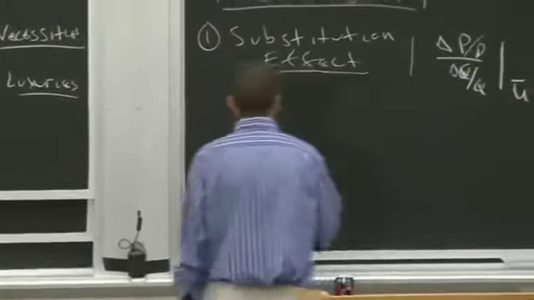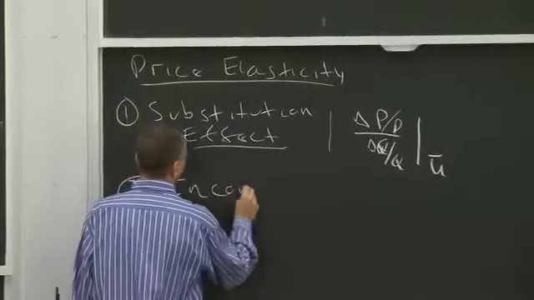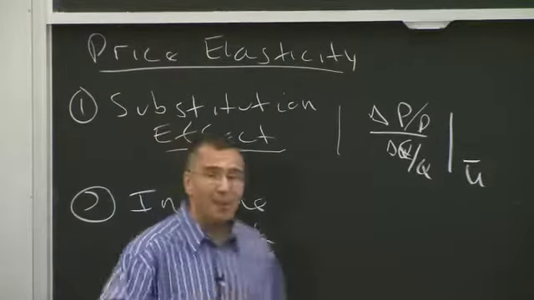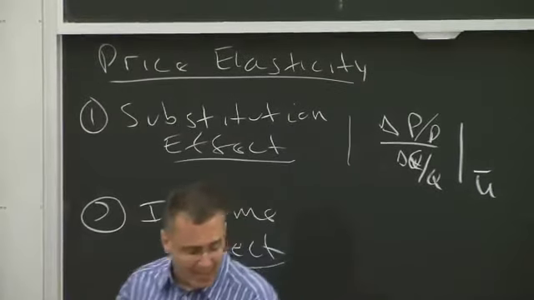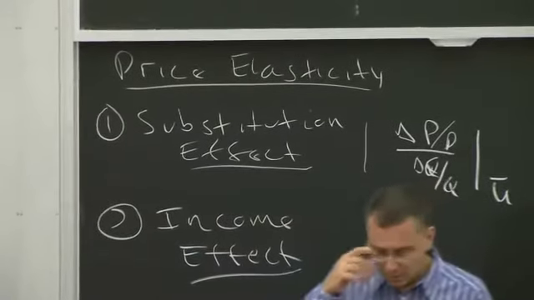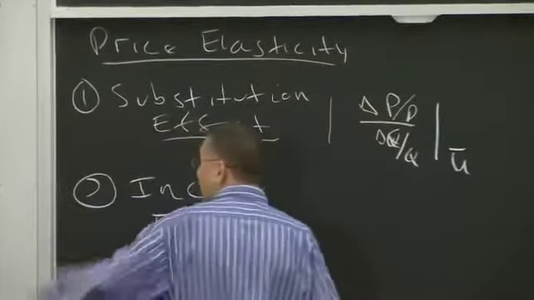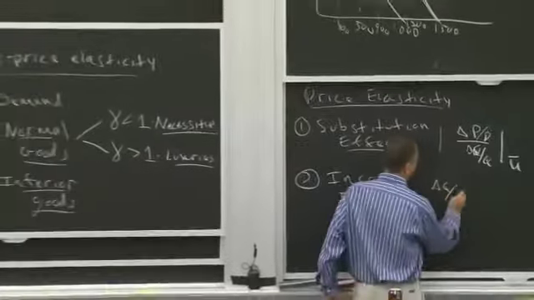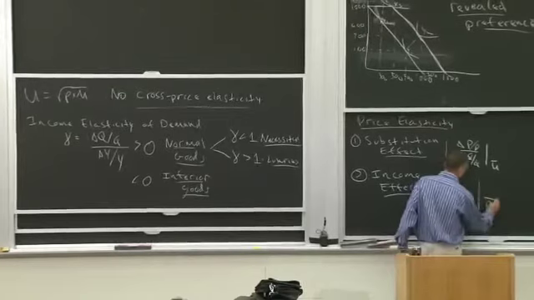But at the same time, there's a second effect which we just introduced, which is the income effect. The income effect is the complement of the substitution effect, which is the change in quantity demanded because of a change in income, holding prices constant. So this is the income effect we just introduced. It's delta Q over Q over delta Y over Y, but this is holding prices constant.